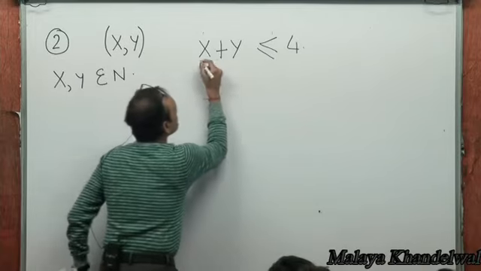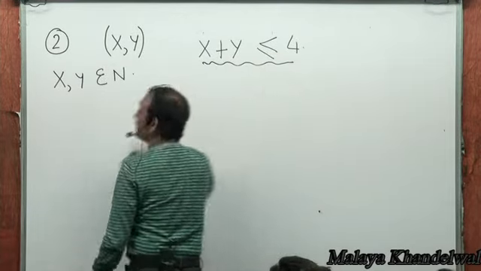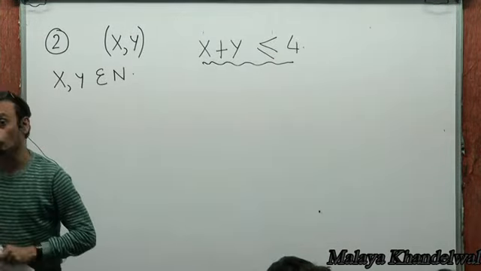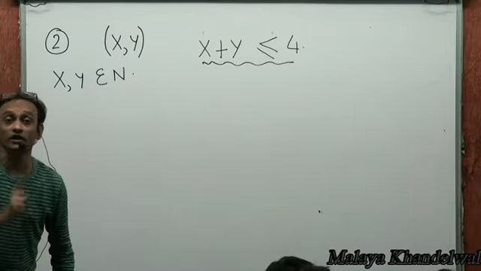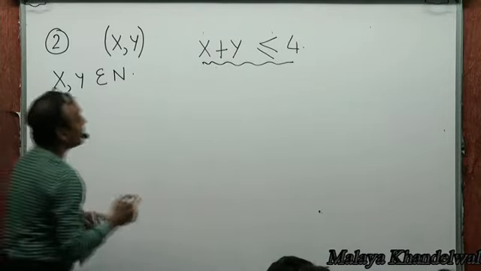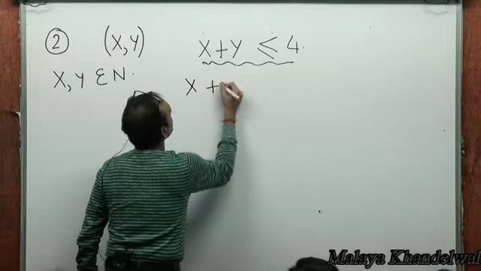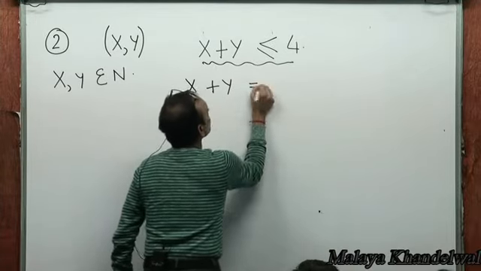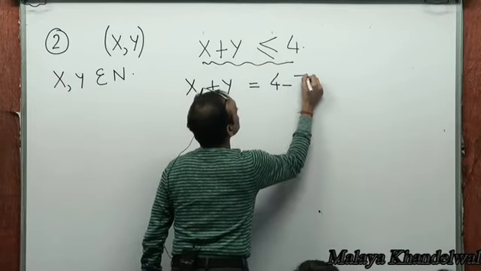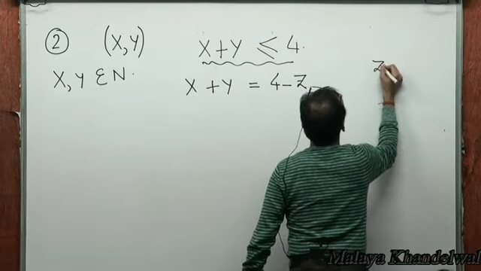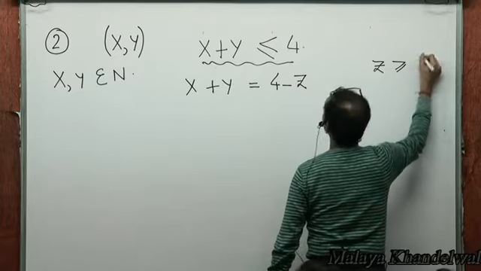Now, let me first convert this inequality into an equality. Yes or no? How I do that is as follows. I say x plus y is 4 minus z, where z is greater than or equal to 0.